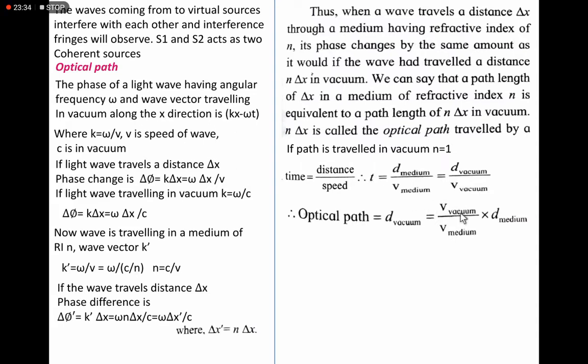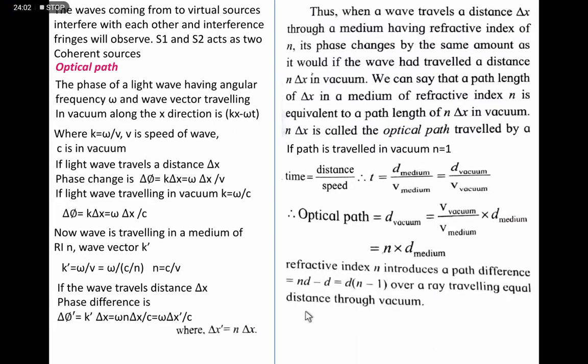Again, this is C by V, into the distance traveled by the wave in that medium, and we will get the optical path. Definitely this C by V is n, as we already studied, into the distance traveled by the wave in the medium will give us the optical path. So this is about the optical path.